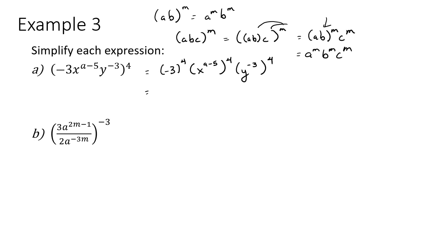So let's start with negative 3 to the fourth. That would be negative 3 times itself, 4 times in total. And so I'm going to evaluate this without a calculator, by breaking it up into pieces. Each pair of negative 3's would turn into a 9. And so that would be a positive 81.